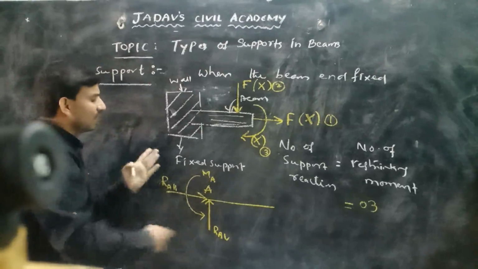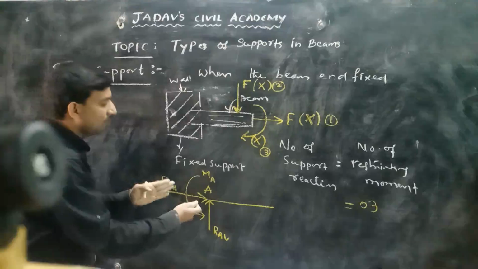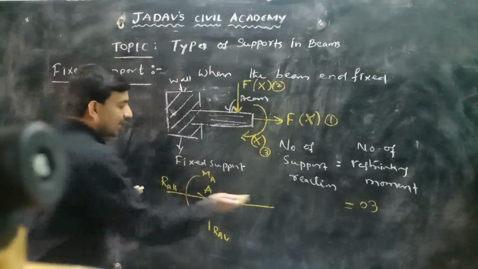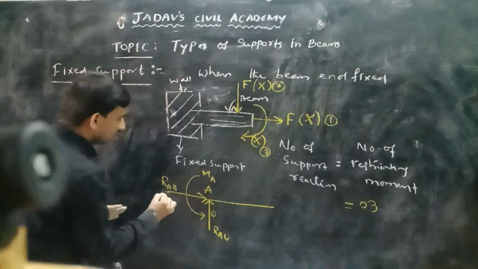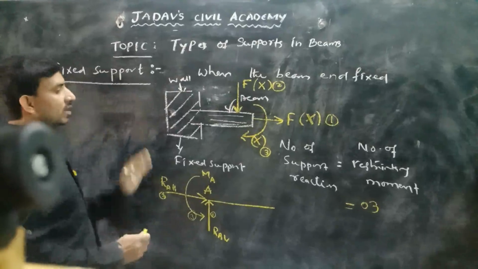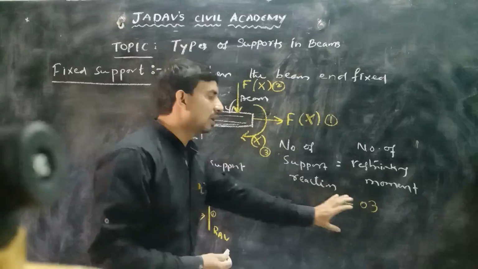In nature, it may be a reversed direction also. But for this example, I am assuming vertically upward, horizontally to the right, and an anti-clockwise moment. So this is one reaction, this is the second reaction, and this is the third reaction, a moment reaction. So the number of support reactions in a fixed support is 3.